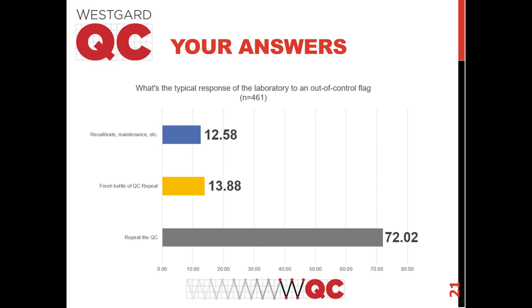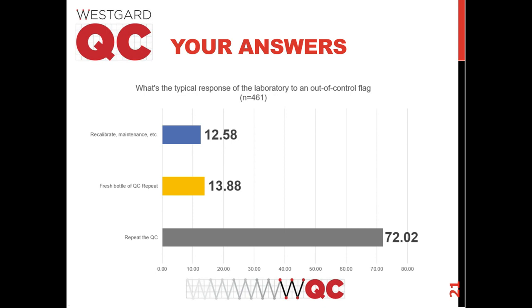Now, if we go back just a little bit in the presentation, remember, a lot of you are using 2SD control limits. 2SD control limits cause what? False rejections. How do you respond to a false rejection? If you're constantly hearing these alarms going off, you don't respond to each alarm like it's a true fire.